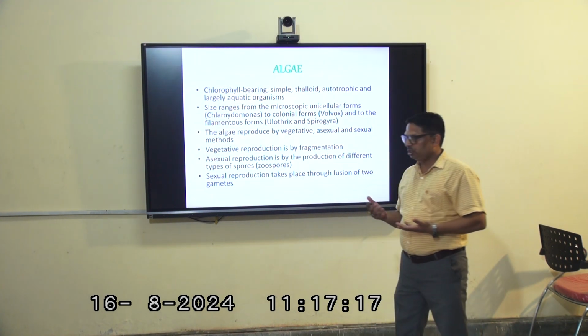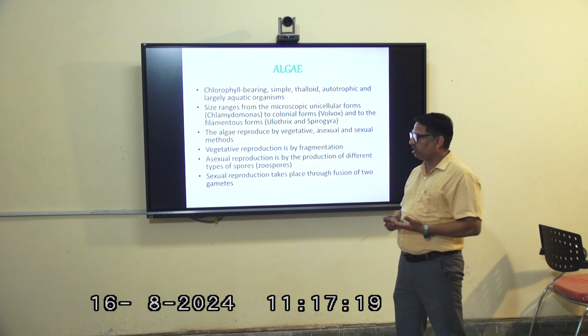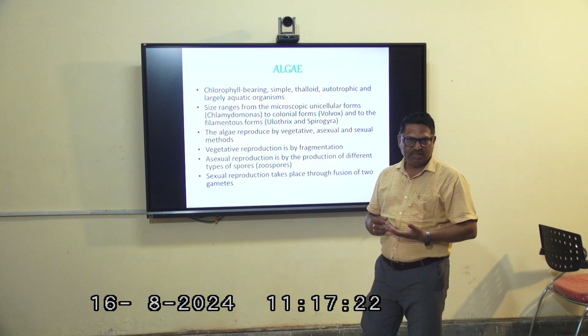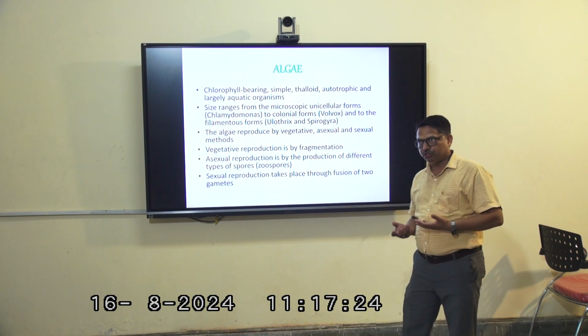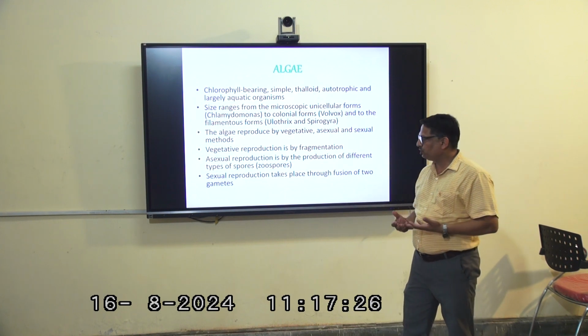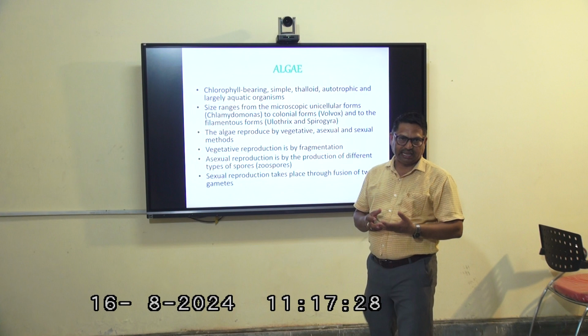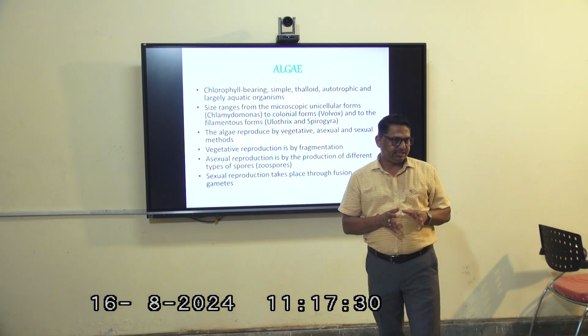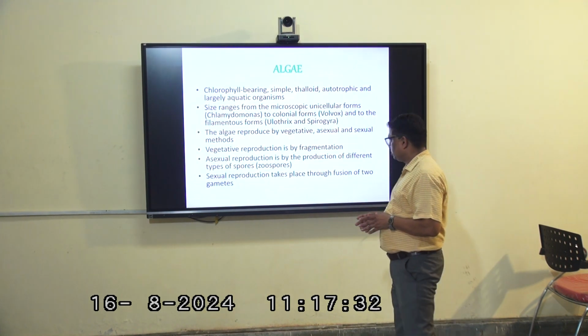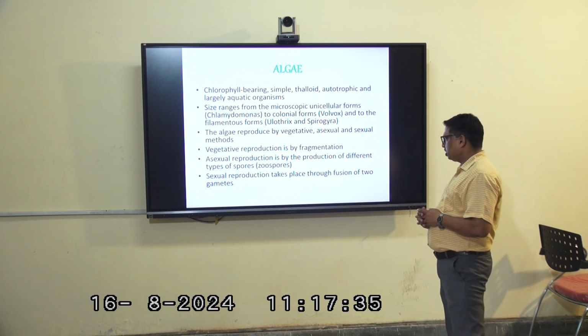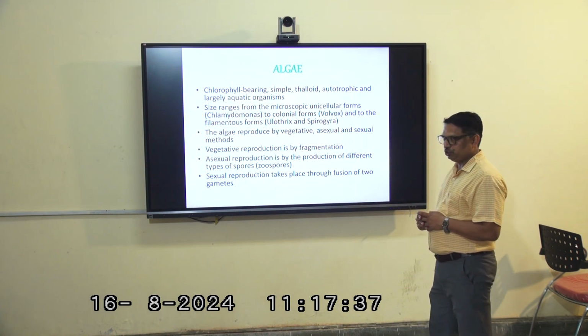These are two very important categories in this plant community: one is the vegetative form, one is the sporulation form. It completes its life cycle in two phases, the vegetative phase and the sporulation stage. Next, sexual reproduction takes place with the fusion of two gametes.